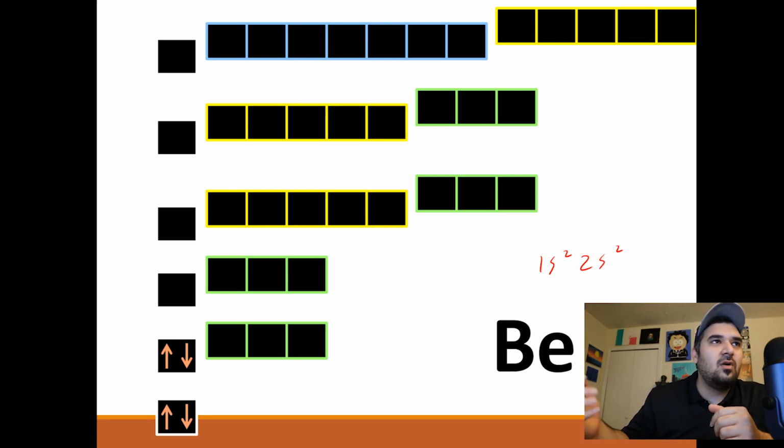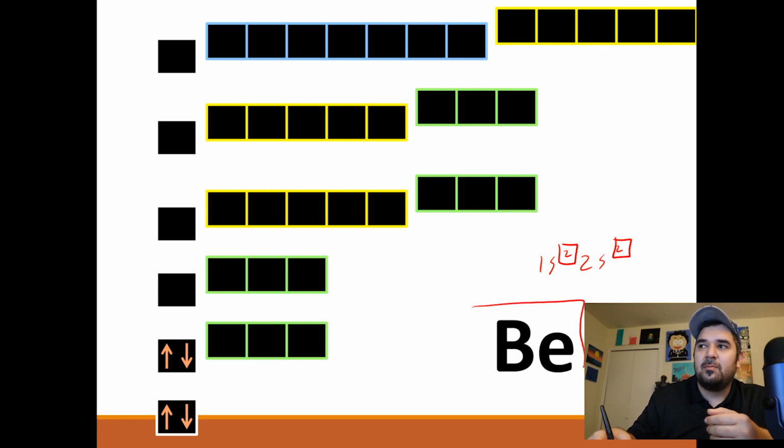And we're going to do a lot of these, so get used to it. And you're going to be going back and forth. So they're going to give you the element, ask you for the electron configuration. They're also going to give you the electron configuration, ask you for the element. And the easiest way of finding out which element you're dealing with is you're just going to count up the electrons, because these exponents are telling you how many electrons you have. So when you have 4 electrons, which element are you dealing with? You're dealing with beryllium.